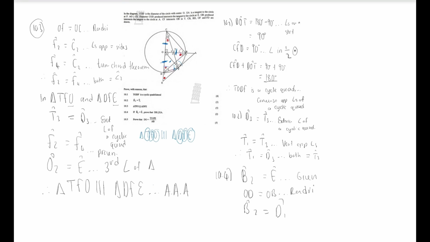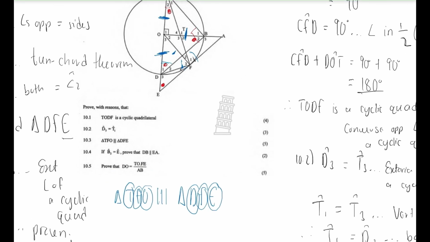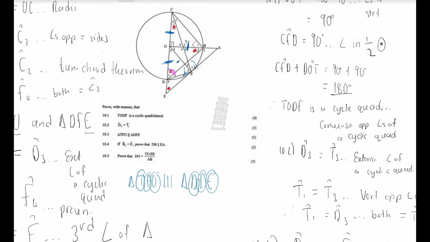So this must imply that angle E equals angle D1. And if angle E is equal to angle D1, therefore DB is parallel to EA. And the reason is going to be corresponding angles equal, because this D1 and E are called corresponding angles.